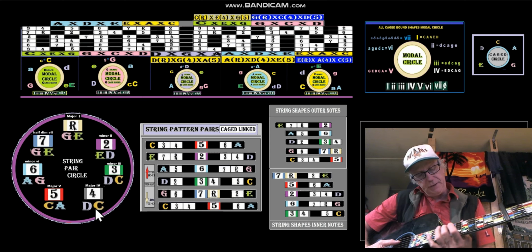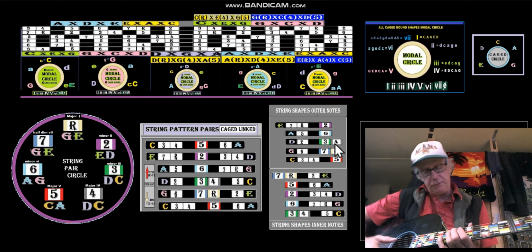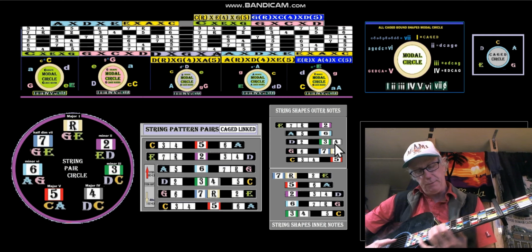So in the D shape, the 4th is the outer note. So here's the outer note in the D shape, 4. So we've got our 4, 3, 2, and 3, 4 is the shape in C.